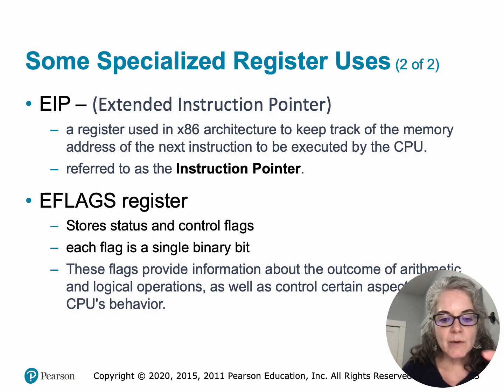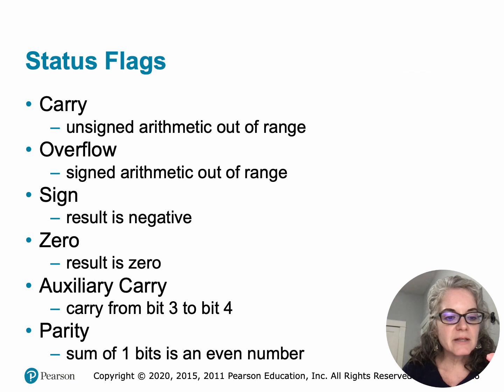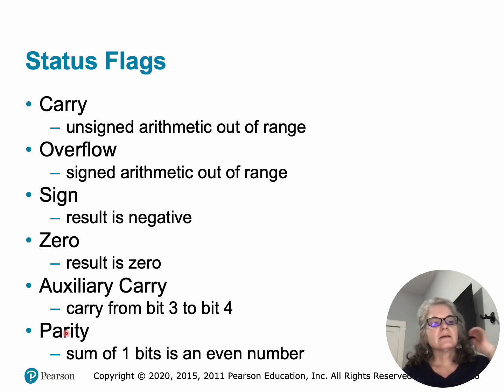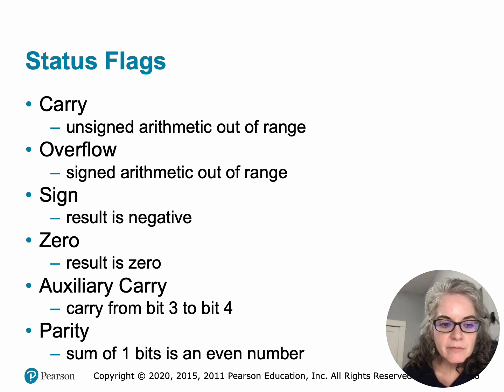In this register, we can have the carry flag, overflow, sign, zero, auxiliary carry, and parity. For example, if the result is negative, then we would flag it with the sign flag and say the result is negative.